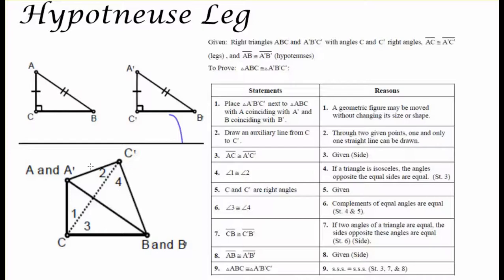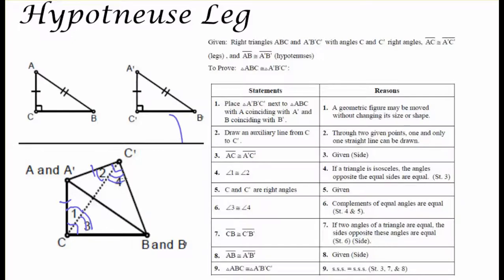Now, taking a look specifically at this new figure we've created, I know that these two sides, A prime and C prime, and A prime and C are congruent. And because those sides are congruent, angle 1 has to be congruent to angle 2. Now, going back to the original shape, I know that angle C and angle C prime are both my 90-degree angles. And because they are both my 90-degree angles, the other angles that are part of those 90-degree angles, angles 3 and 4, must also be congruent.